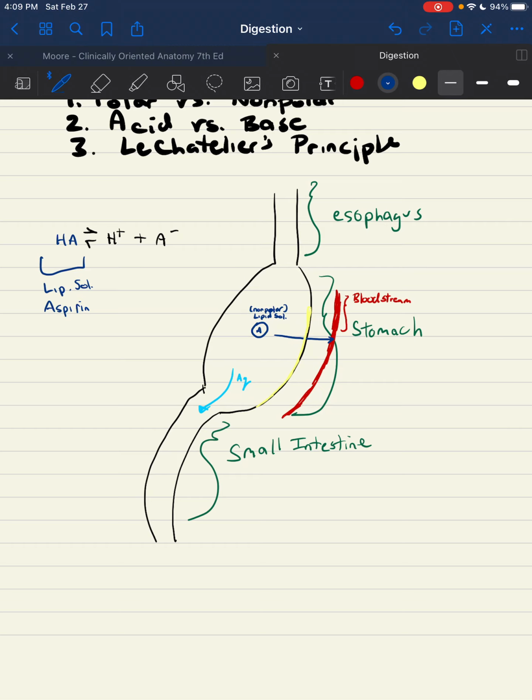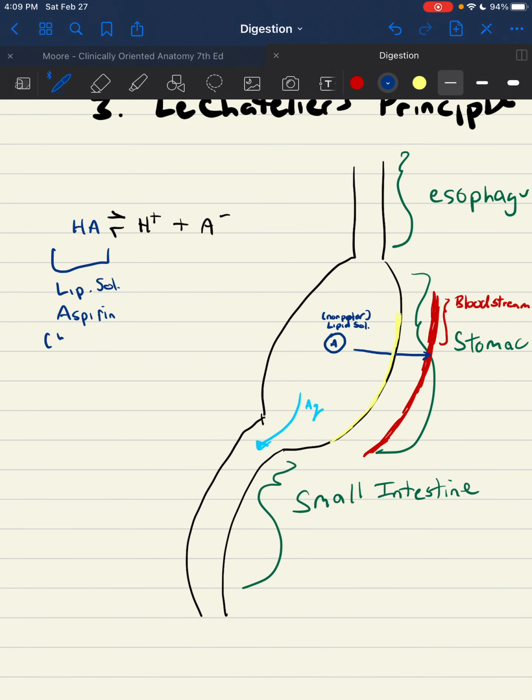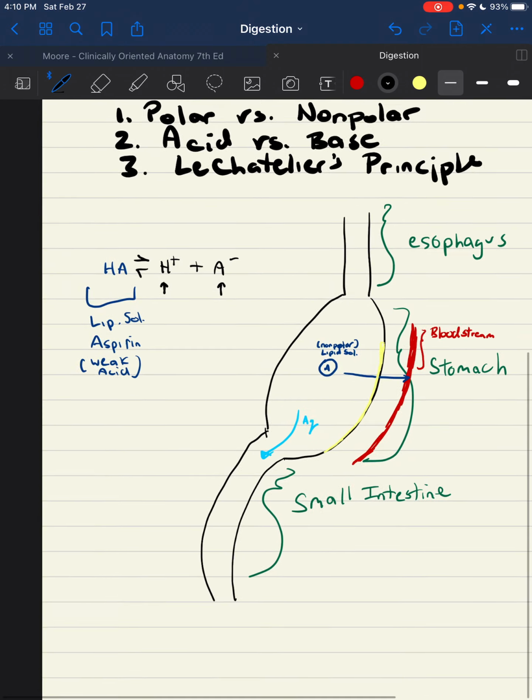And it can dissociate into a proton. Remember, in this case, this is actually going to be a weak acid. So this is where your general chemistry comes into play. It's going to give up a proton right over here, and it's going to produce its conjugate base. Now let's think about what happens. Why is aspirin actually absorbed into the bloodstream?